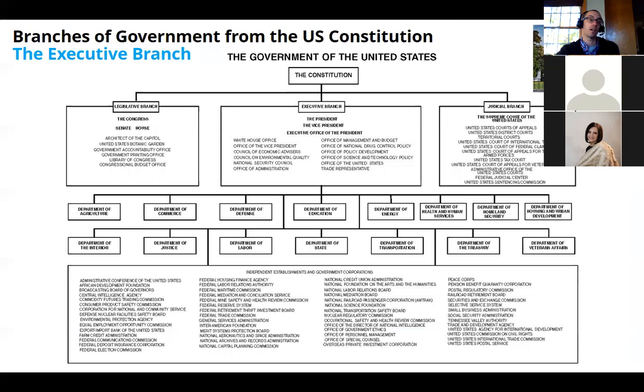We give a huge amount of money to defense, the military. So it's the Department of Defense that runs the wars, pays the soldiers, buys the material. So that's the checks and balances.